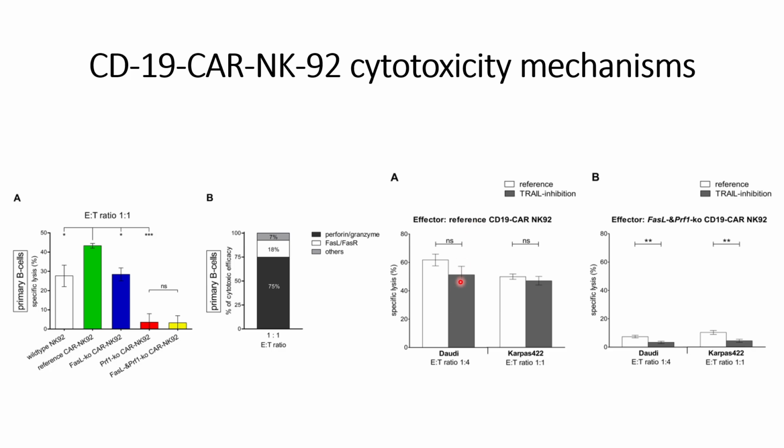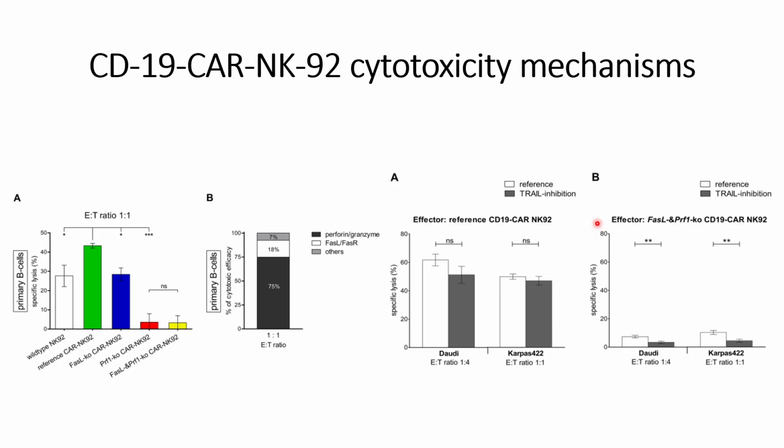For these studies, they used the established cell lines, Daudi cells and CARpus cells, at different effector to target ratios, 1:4 and 1:1. In one case they used the TRAIL inhibition antibodies, and in one case they didn't. They saw some decrease, but it was not statistically significant for both Daudi cells and CARpus cells when using the reference CD19-CAR-NK92 without any knockout.